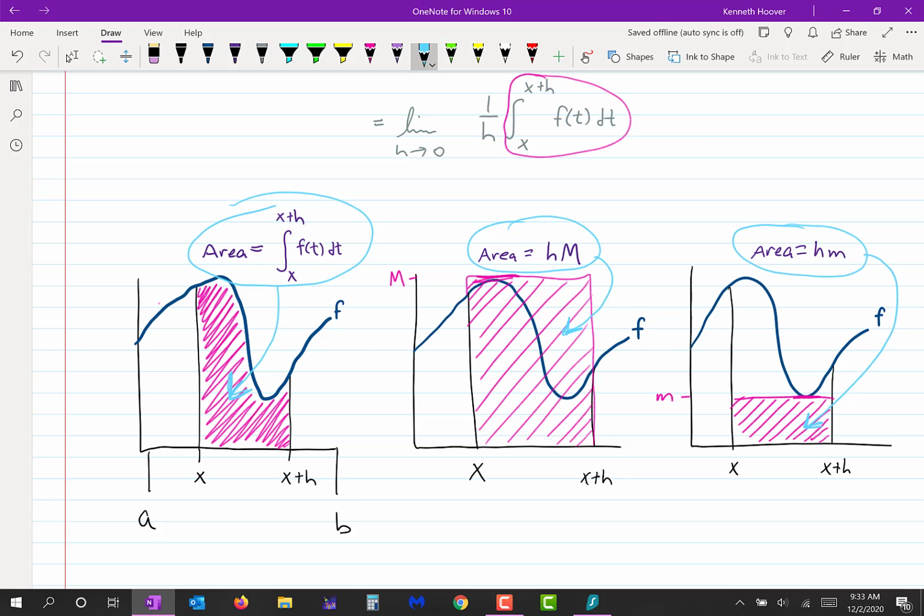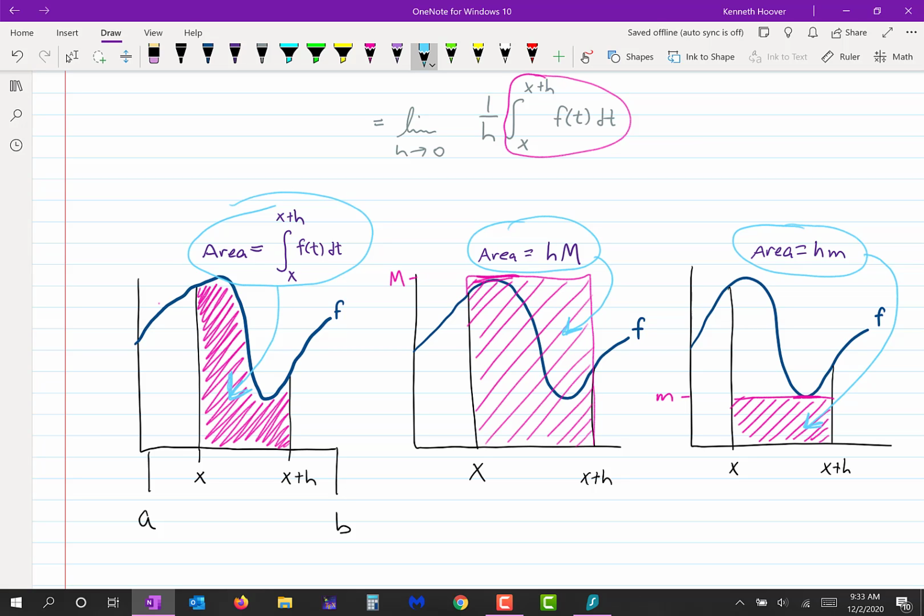Because capital M is the maximum of little f between x and x plus h, the amount of area that is below the line y equals capital M will be more than the amount of area that is below little f. Okay, and on the other hand, lowercase m is the minimum of little f.